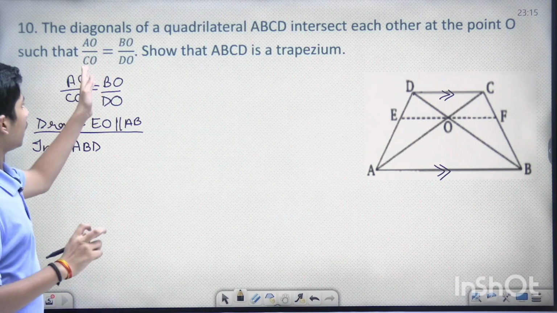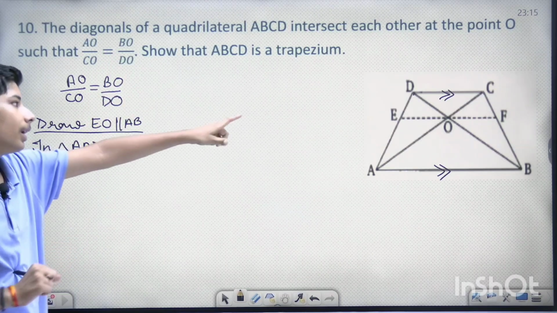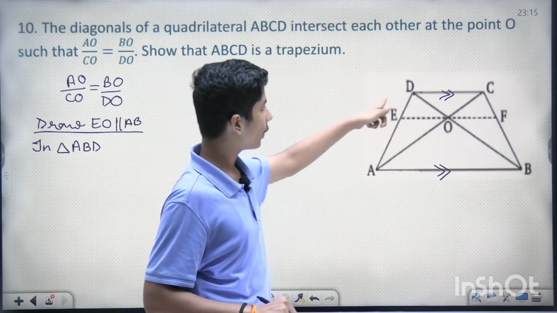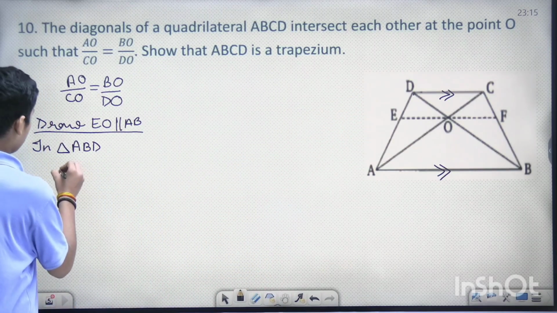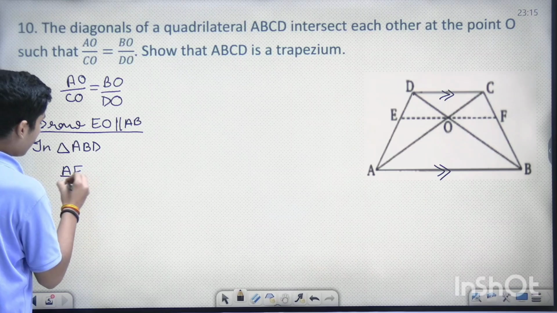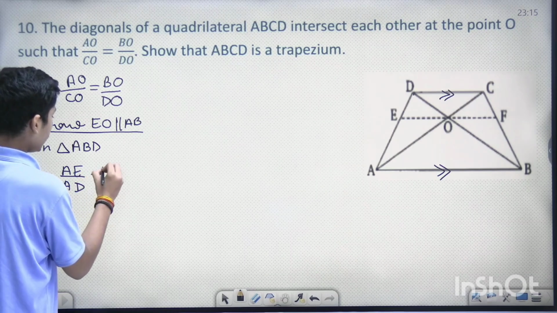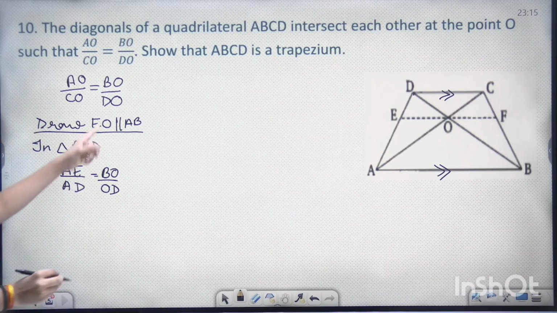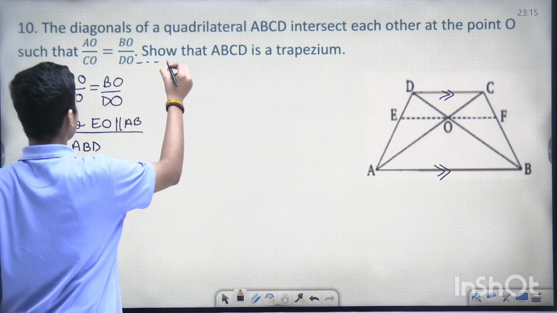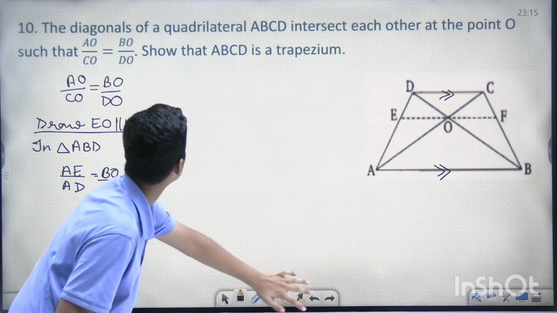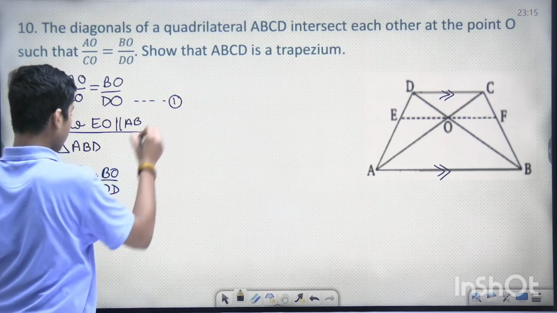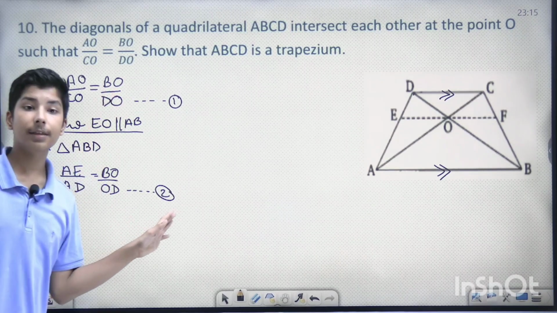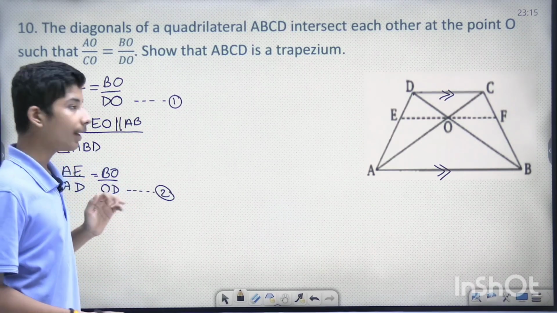Okay, so AO upon CO equal to BO upon DO was given, and AE upon ED equal to BO upon OD. See, this one is equation 1, this one is equation 2. Now this RHS is equal. Both RHS are equal to each other.